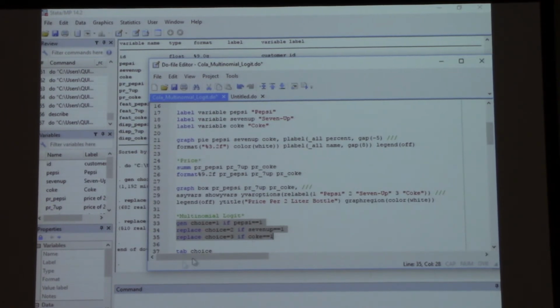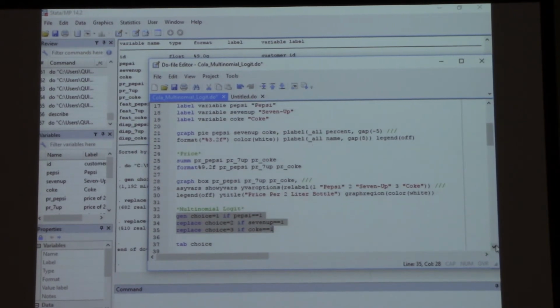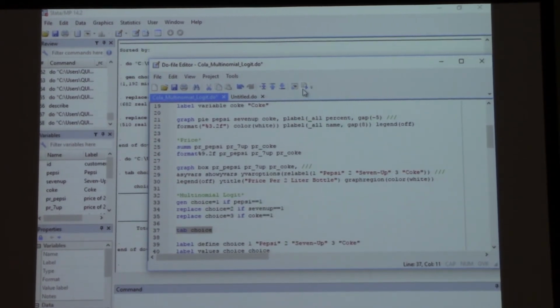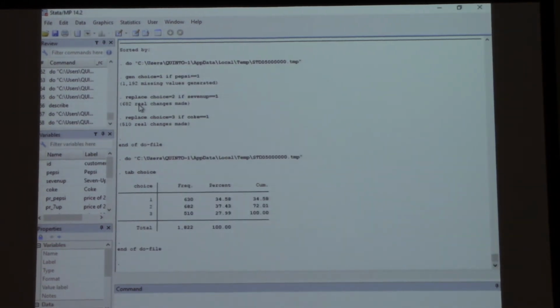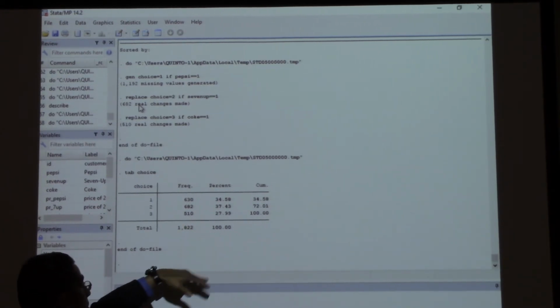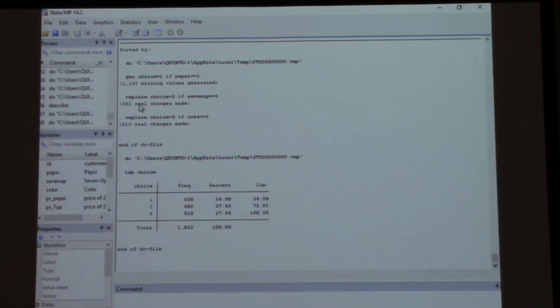So we've generated that. We can tab it, and it's just going to be that linear 1, 2, 3. And the counts are going to be similar, 34%, 37%, 27%. Again, the order doesn't matter. Those are the relative frequencies or the percentages.